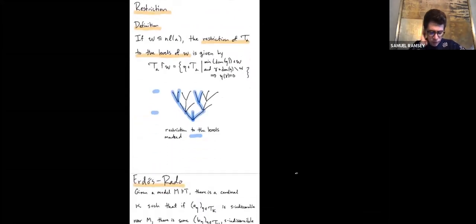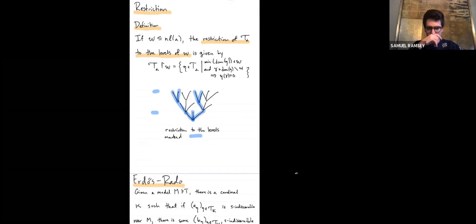So I think the last piece of general notation or terminology that I need to introduce is that of restriction. So imagine that I have some subset of the non-limits of alpha, for the time being. I want to say what it is to restrict T alpha to those levels. So I imagine W as being a set of levels, and I want to restrict to just those levels and look only at that part of the tree.